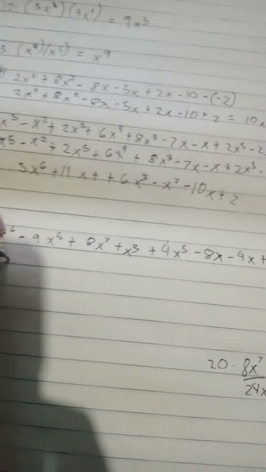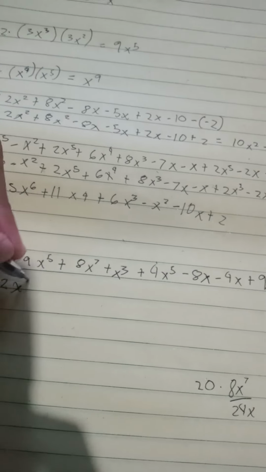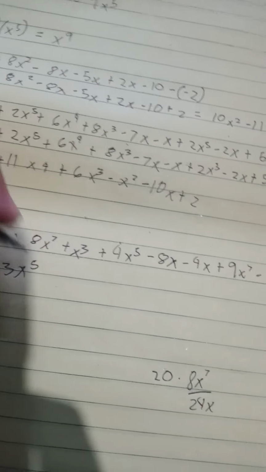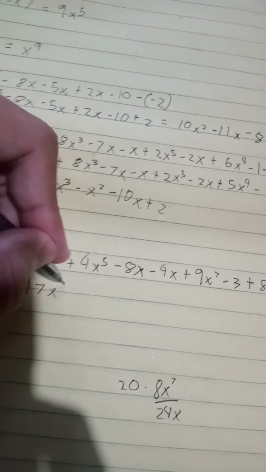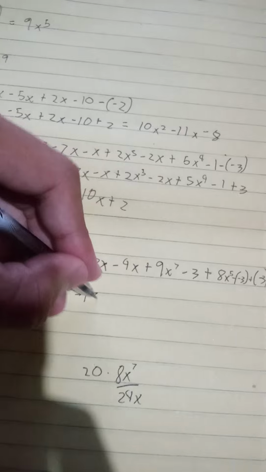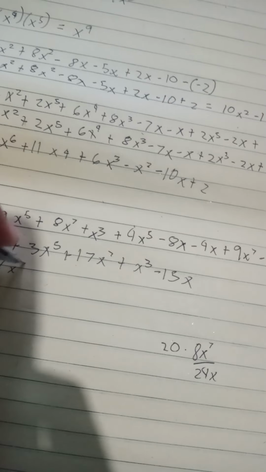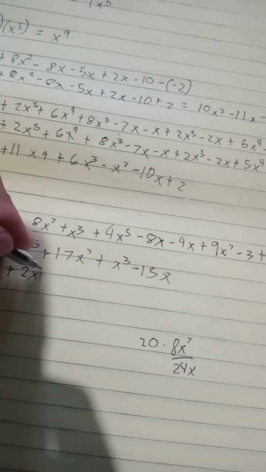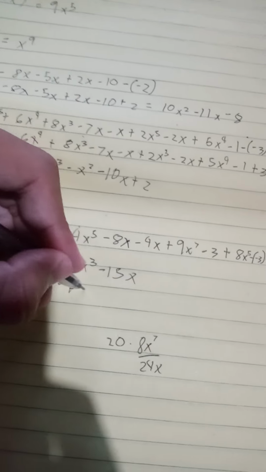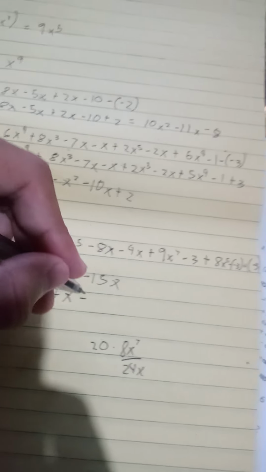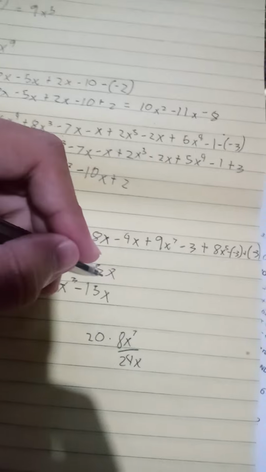So it will be 2x to the power of 6 plus 3x to the power of 5 plus 17x to the power of 7 plus x cubed minus 15x, so equals 17x to the power of 7 plus 2x to the power of 6 plus 3x to the power of 5 plus x cubed minus 50x.